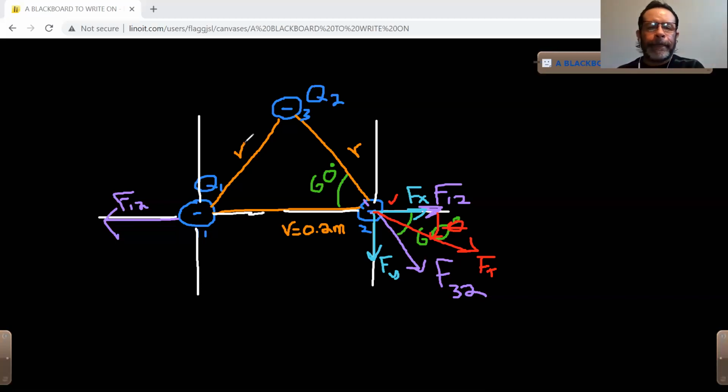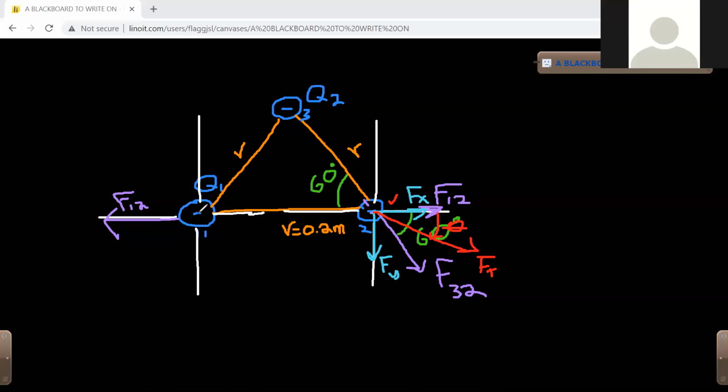What magnitude that force is or where it's going, we don't know, but there's going to be a force. So now we're going to join Q2, Q1, and Q3. Let's look at Q1 and Q3. We're still looking at Q1. What is the force between Q1 and Q3 if I'm looking at Q1?